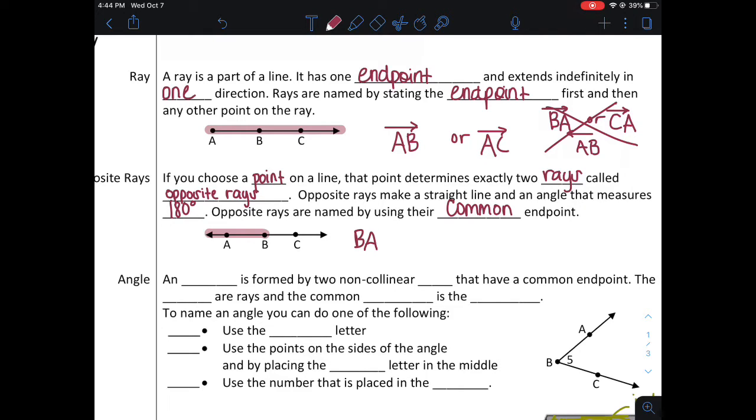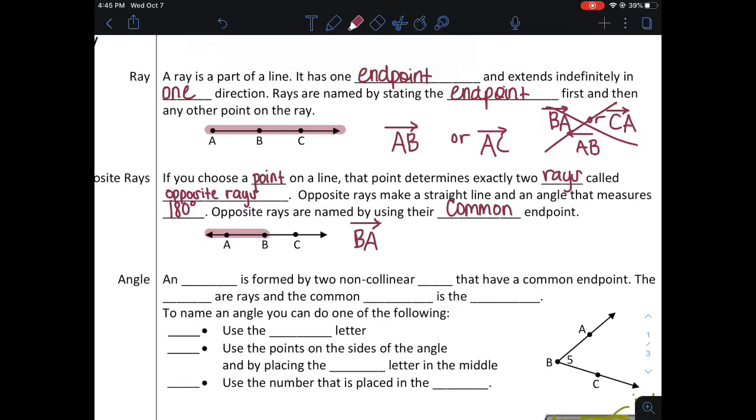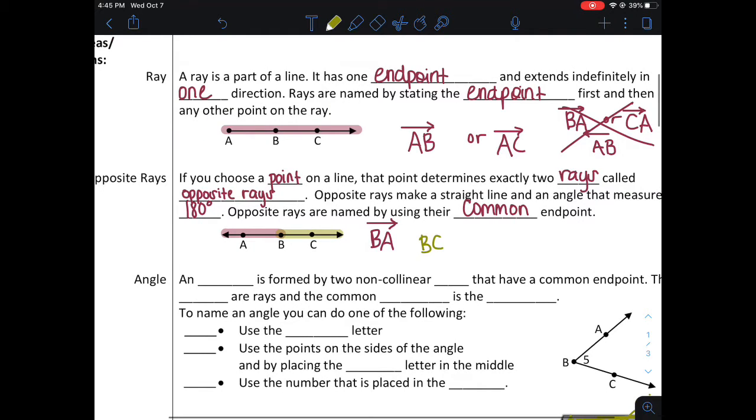You start from the endpoint, and B is now the endpoint, and you go toward the other point. Even though it's pointing in the opposite direction, make sure your arrow is pointing to the right when you name it. And then the other side is BC. Again, you start with the endpoint and write the other point second. So there you go. These two are opposite rays. They share a common endpoint.